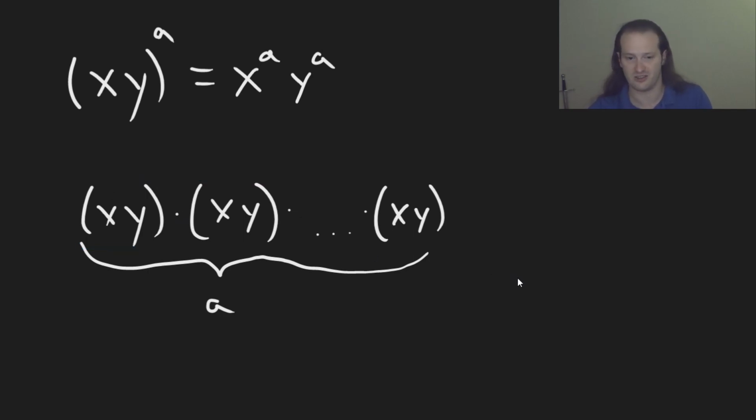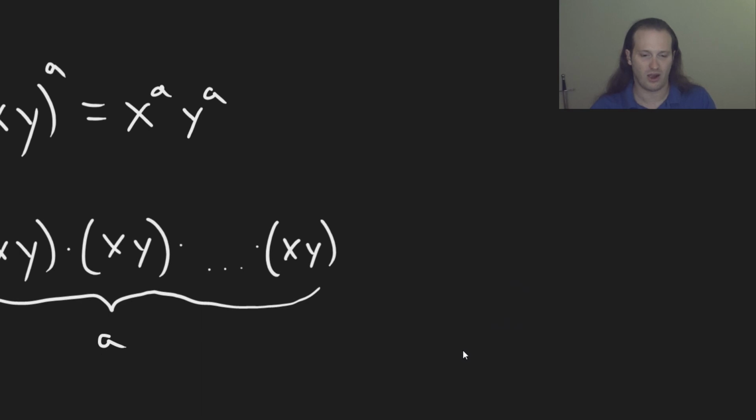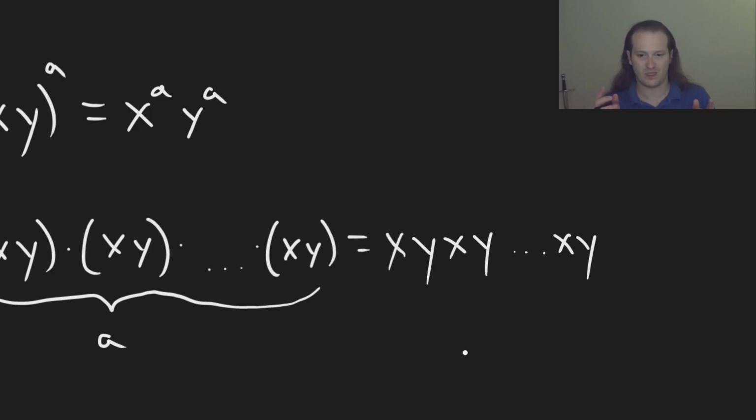Everything's being multiplied together here. So I can rewrite this as x, y, x, y, and that pattern repeats, x, y. It's all being multiplied together.